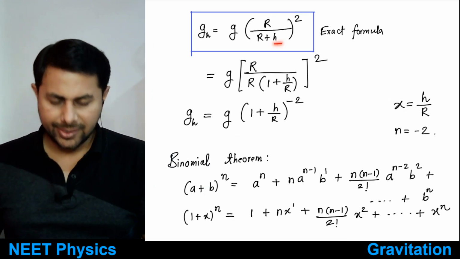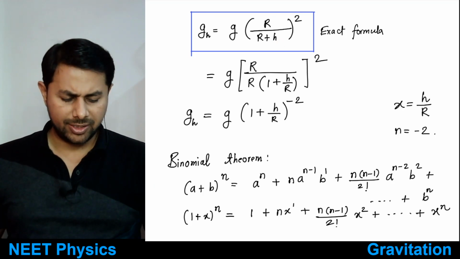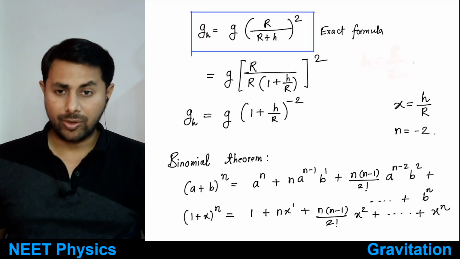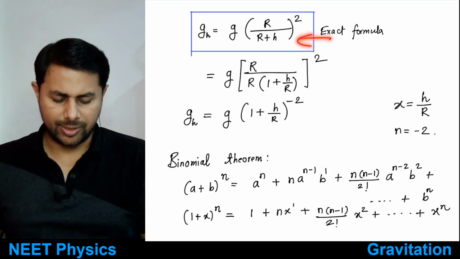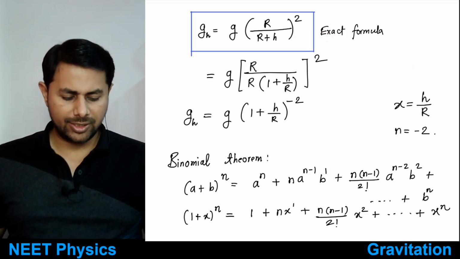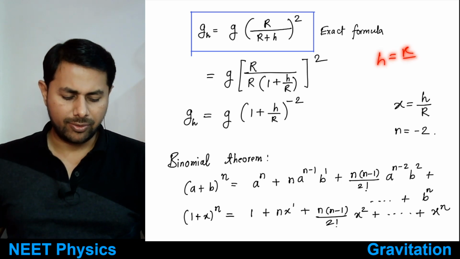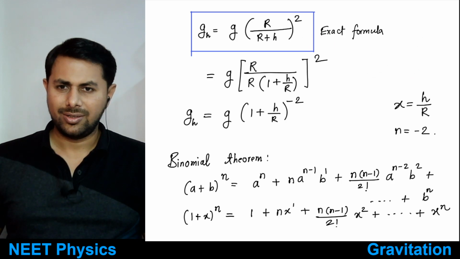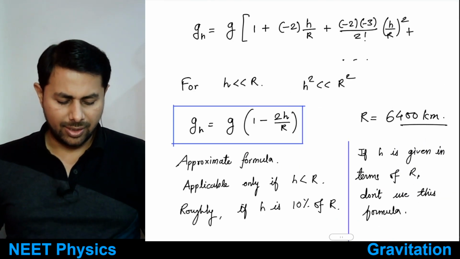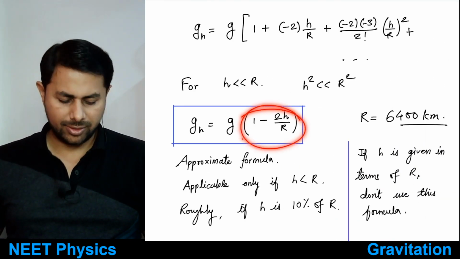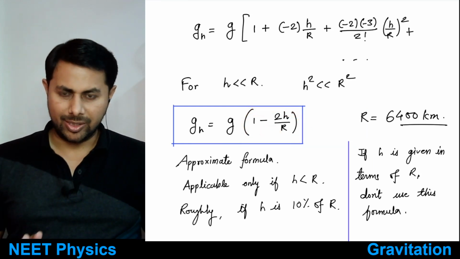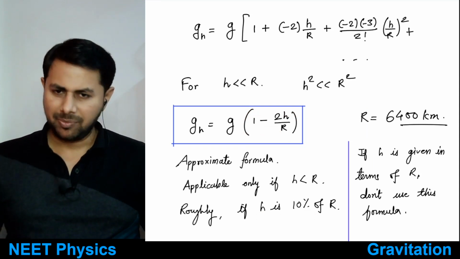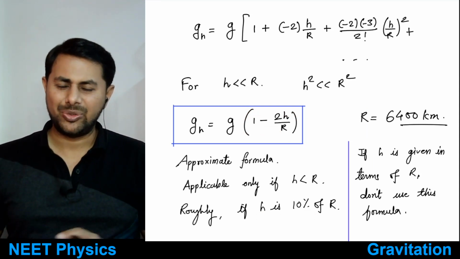If h is comparable with r, that means if they say h is equal to r by 2, which formula should you use? You should use this formula. If they say h is equal to r by 4, still you should use this formula only. If h is about 10% of r, that is also quite high, but in NEET we don't have that much time.